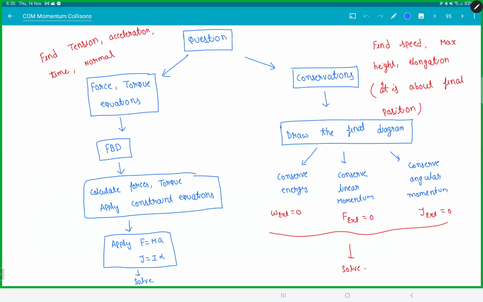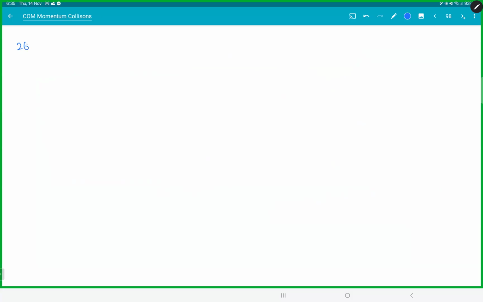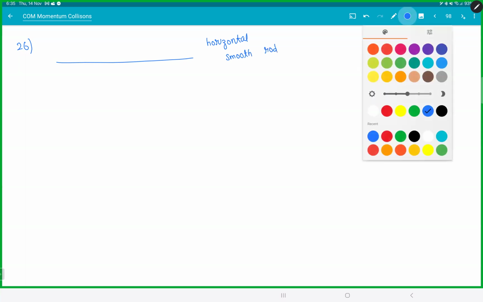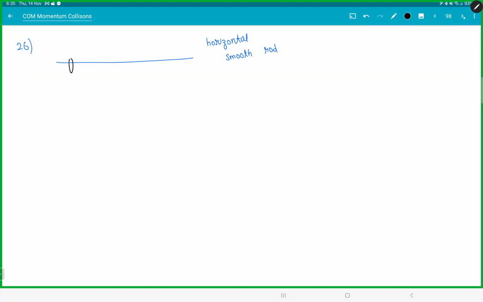Next one, say. We have a rod here, a horizontal rod. We have a ring of mass 2m. It's a mass m. This is connected by a string.